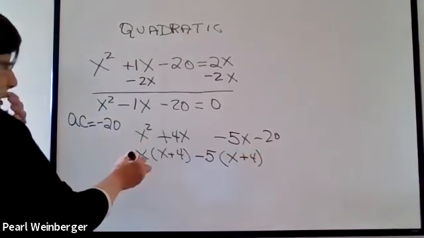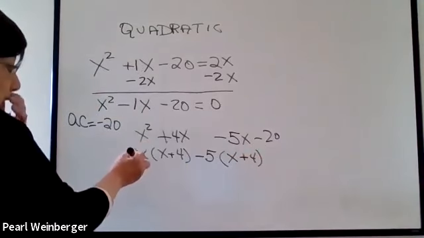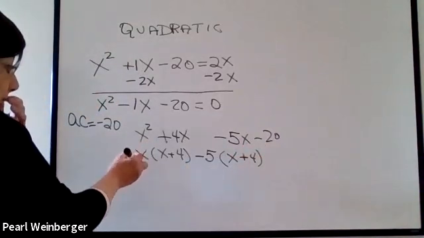So in the end, my factoring is the x plus 4 in one parenthesis, and then the other parentheses.